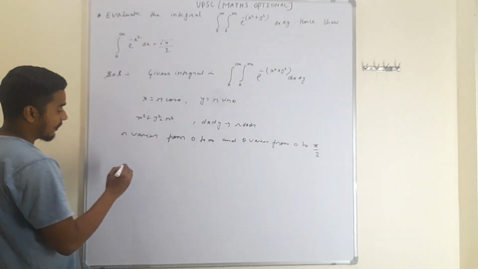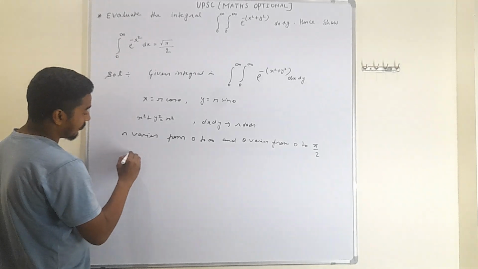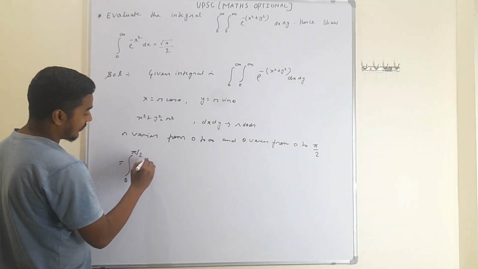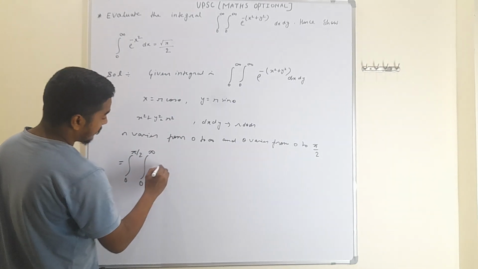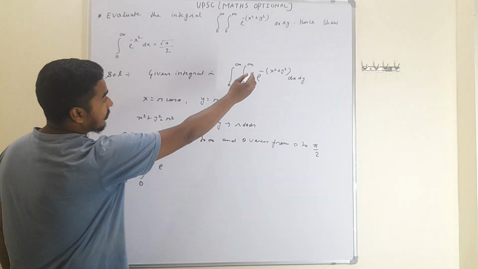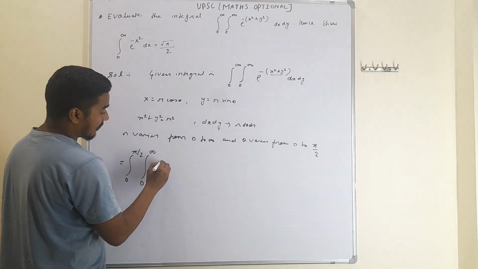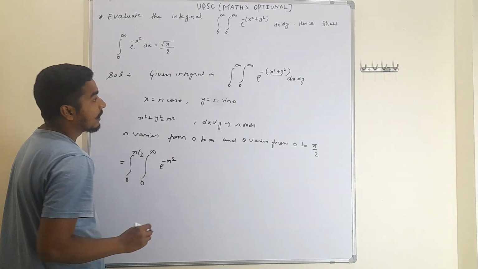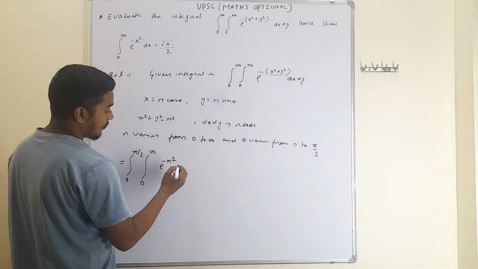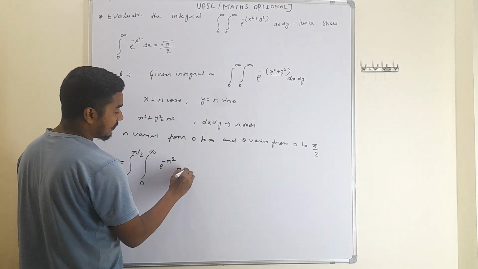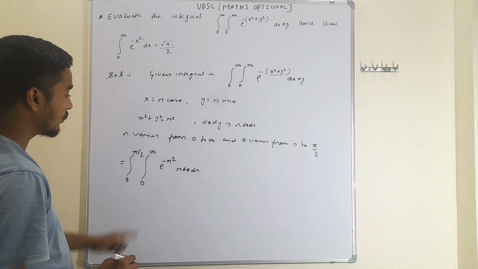From here, the integral becomes 0 to pi by 2 and 0 to infinity of e to the power minus r square, with dx dy replaced by r d theta dr. We integrate with respect to r.